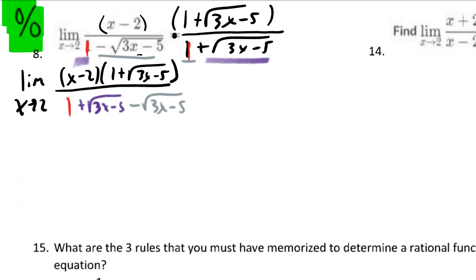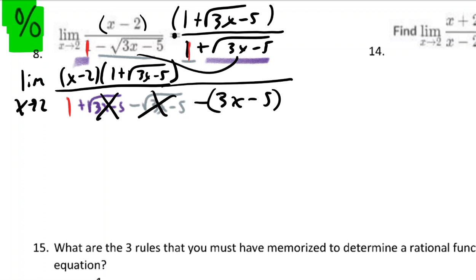And then the last part of FOIL, the square root of 3x minus 5 times the square root of 3x minus 5 would be 3x minus 5. But one's positive and one's negative, so that means that whole thing's negative. Now, anytime you multiply something by its conjugate, I usually skip this step and don't show this step because the outer and inner always cancel out and go to 0. So that's a little bit of a shortcut, if you know that.